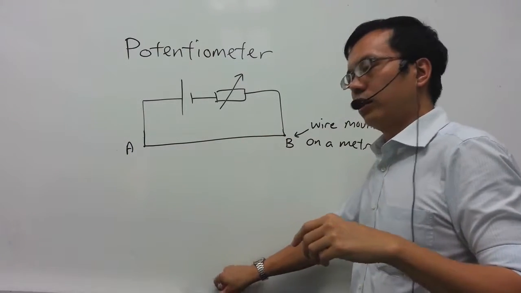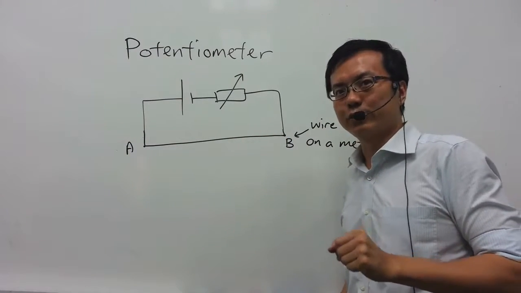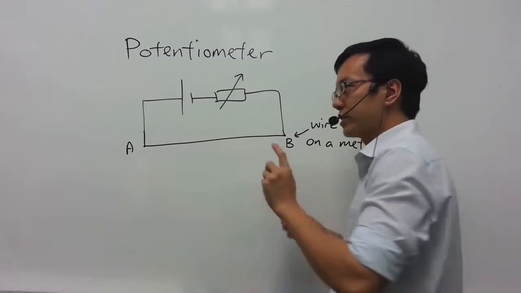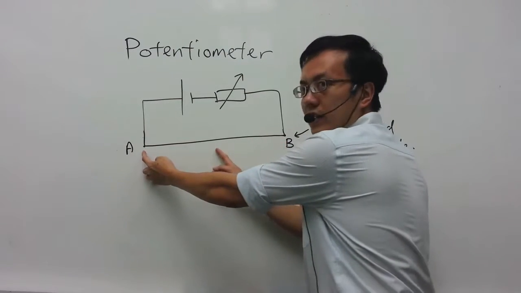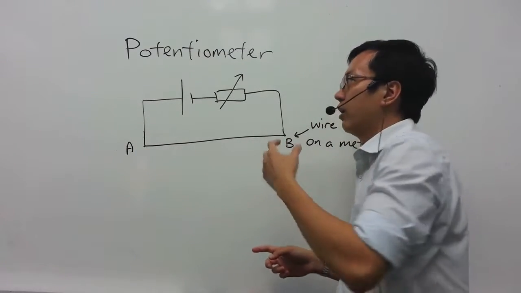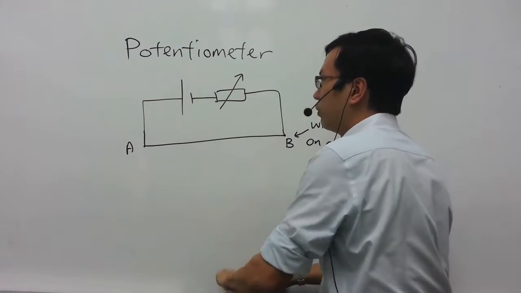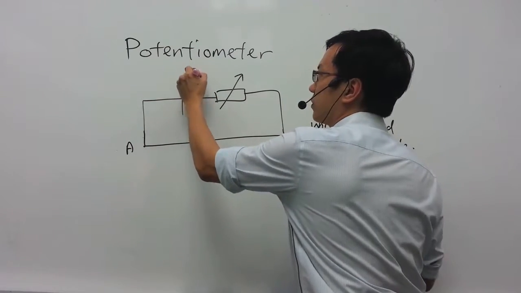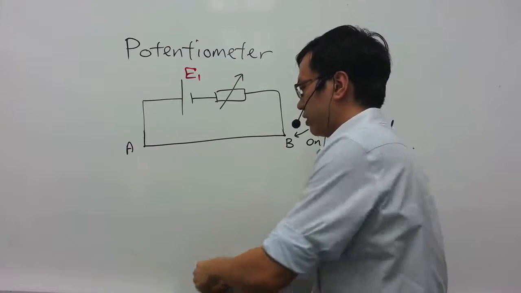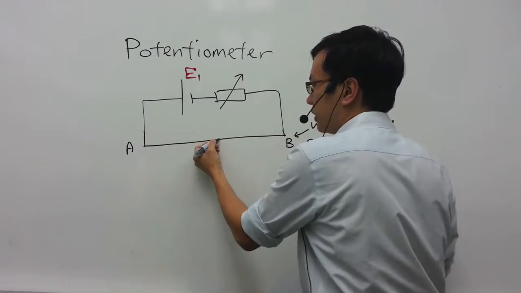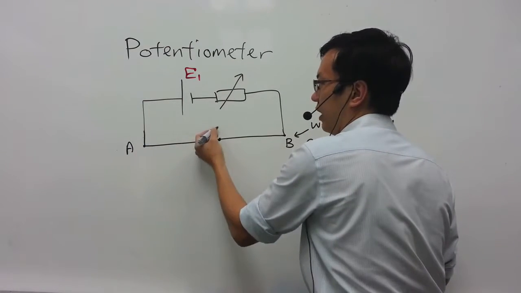Now, if you remember the potential divider rule, the potential difference across any 2 points along this wire is going to be a fraction of the EMF E1. Let's say we are talking about these two positions. Let's call this AJ.